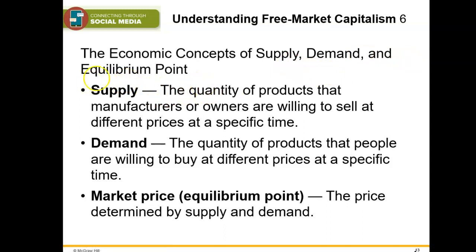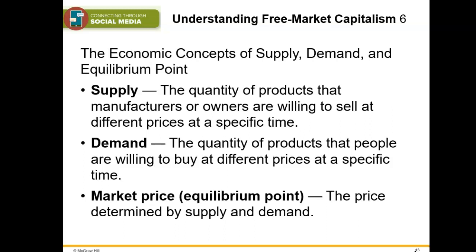Supply is the quantity of products that manufacturers or owners are willing to sell at different prices at a specific time. So, how much supply do we have? Demand. The quantity of product that people are willing to buy at different prices at a specific time.